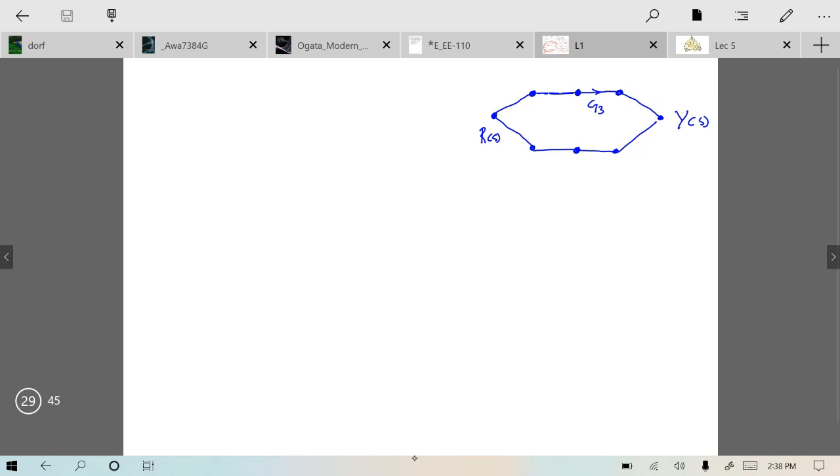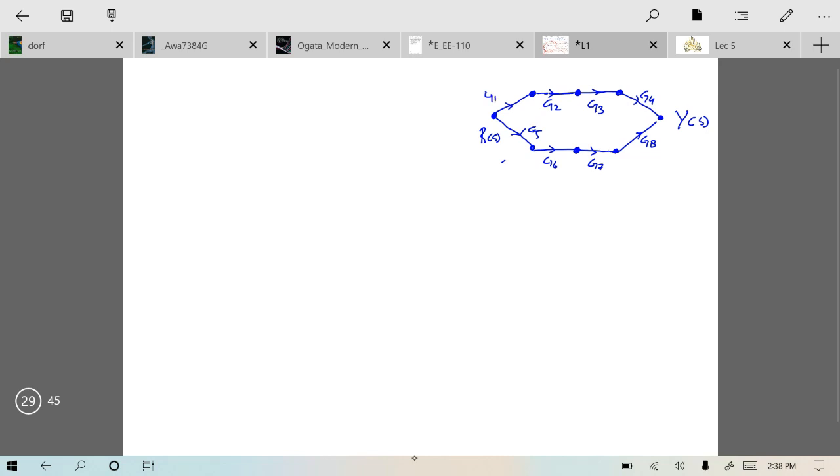G3 is the gain from this node variable to this node variable. G2 is the gain from this node variable to this node variable. Similarly, here we have G6 and here we have G7. This gain is G8. This gain is G5. This is G4.